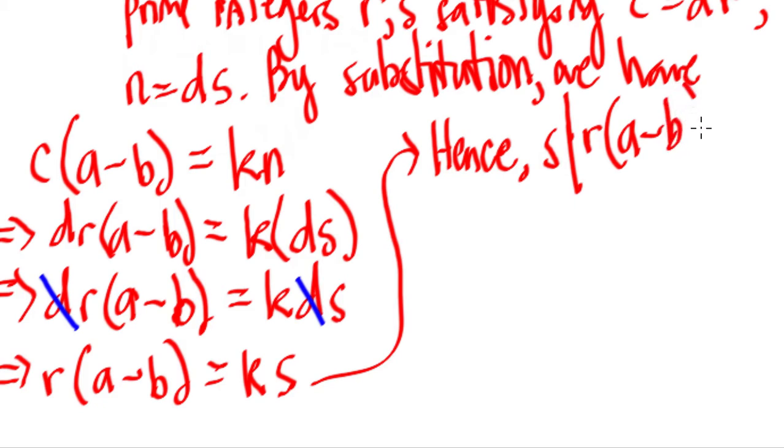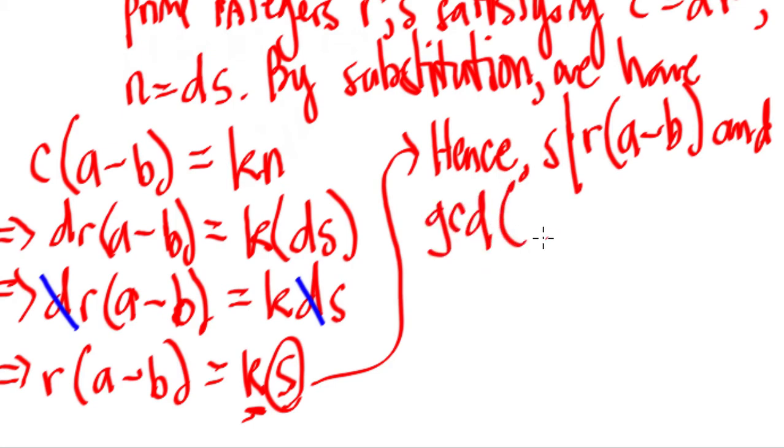It's clearly seen because S times a certain K will give us this product r times the quantity (A minus B). And also notice, as we have stated, that R and S are relatively prime integers, so we can say that the GCD of R and S is equal to 1.